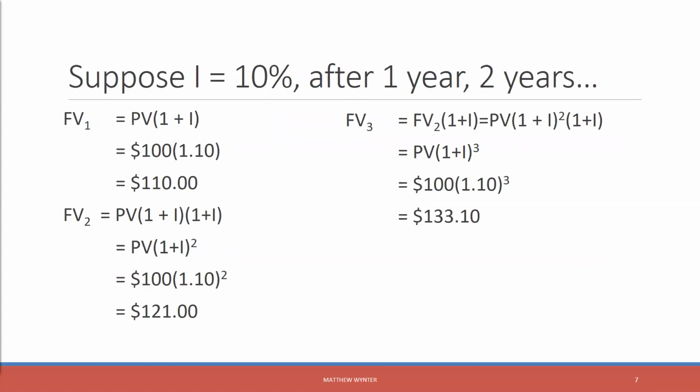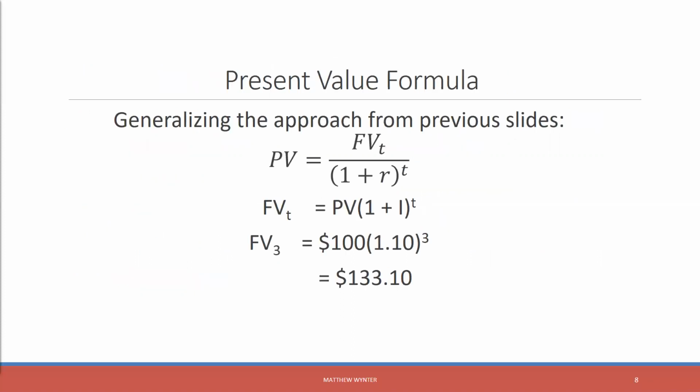So let's apply this. Suppose your interest rate was 10%. After 1 year, you put in your 100, you would get out 110. After 2 years, you put in your 100, it's going to compound and you get out 121. In 3 years, and so on and so forth. So what we can see is that within all of this, there's a generalized formula that's basically at play.